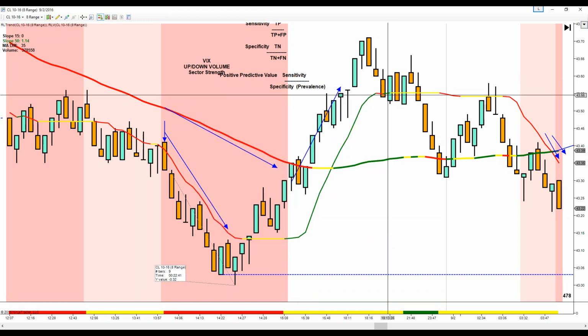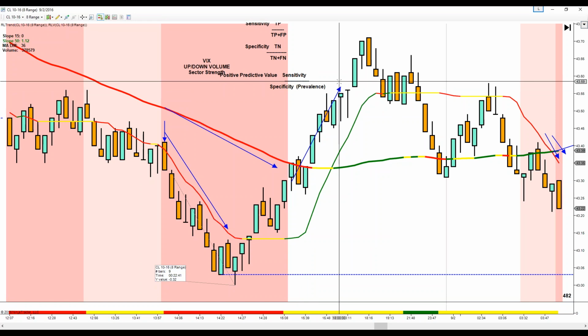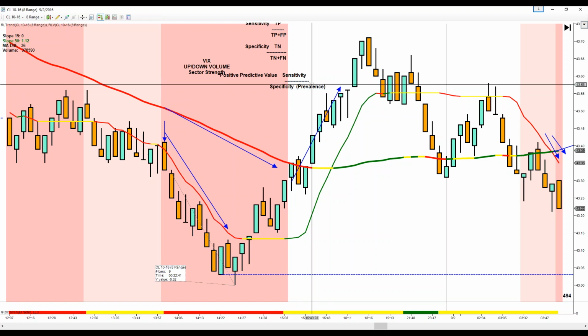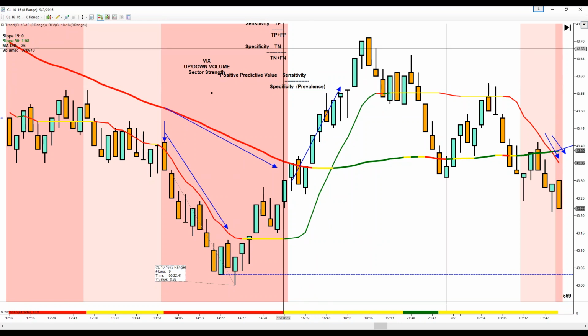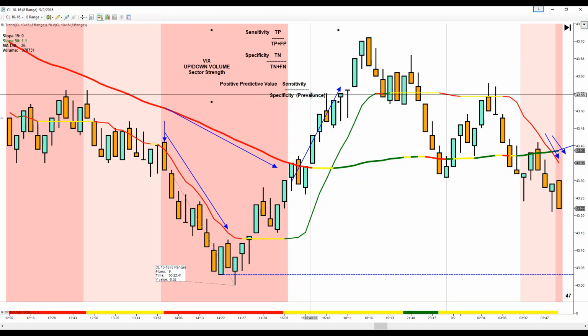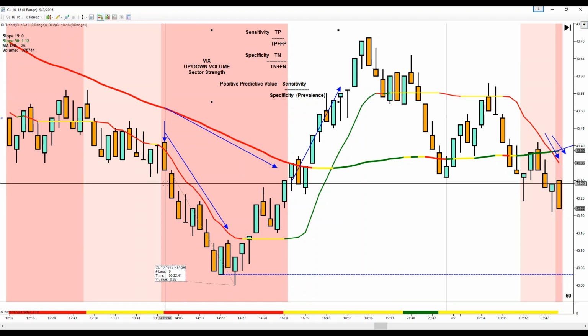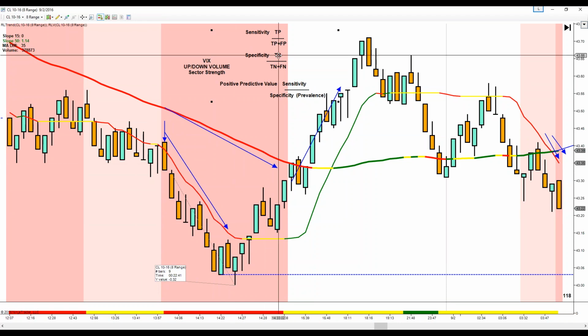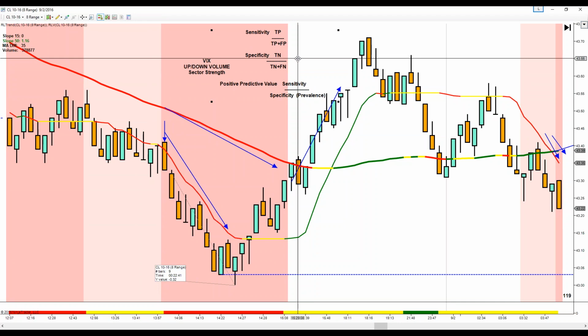And maybe it's 30% or 40% of your trades are winners. And that's never going to make you profitable. So you can only trade in a defined trend where the prevalence of a winner is high or the trend is high. And you want to trade with a high degree of specificity. Make the market come to you.